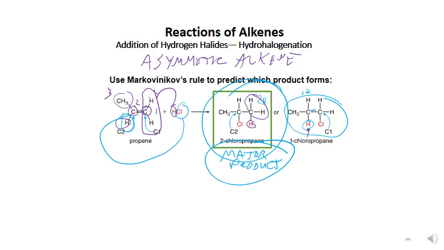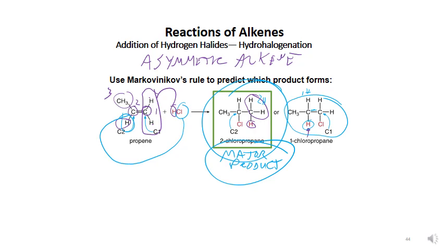Now there are reasons for this. They're known as mechanisms, and we can look and think about where things leave and where things go in and why they want to add this way. There's lots of technical atomic and molecular reasons why this is, but that's only if you're going to study organic chemistry a lot closer.